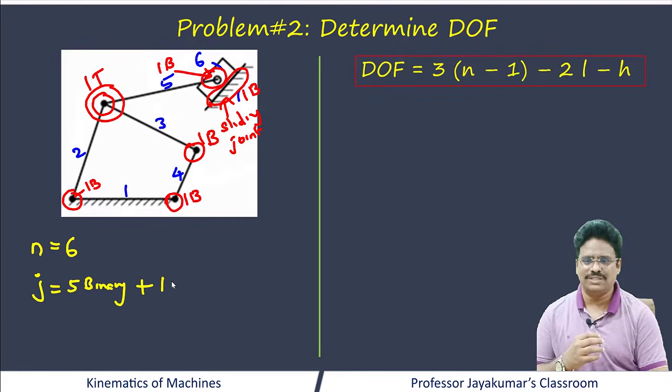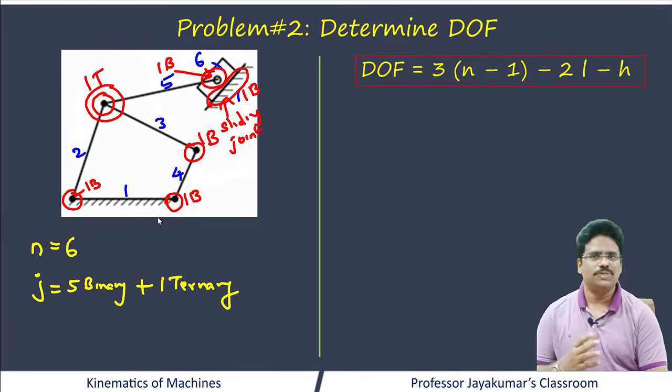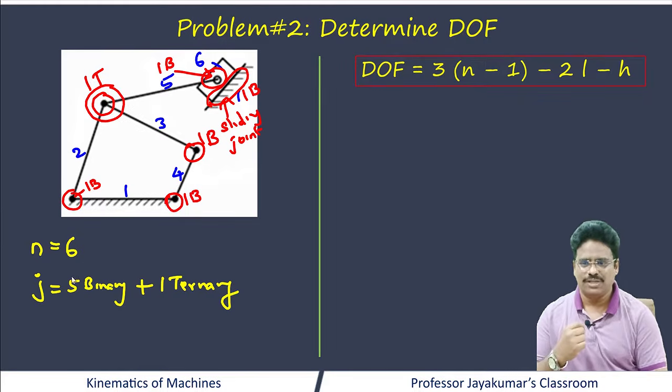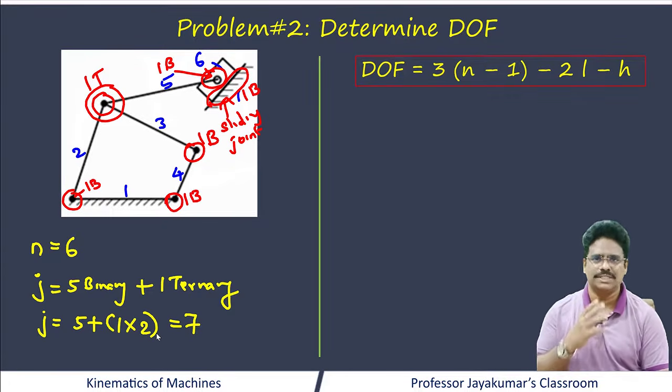We know that one ternary equals two binary joints. Therefore, J is equal to 5 plus 1 into 2. So J is 7. Is that clear?